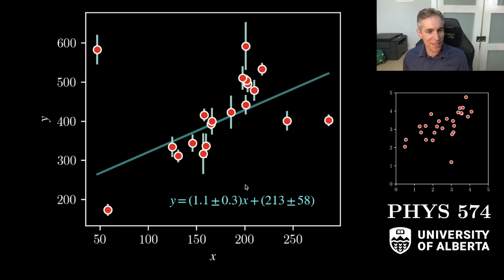Well, this is great. So you get 1.1 plus or minus 0.3, and then some different intercept value here. You get a nice shallow line because this one's got super small error bars, and it pulls the line over like that.